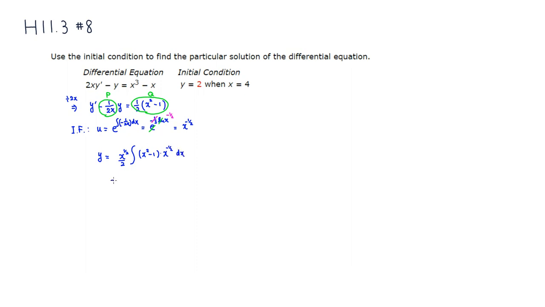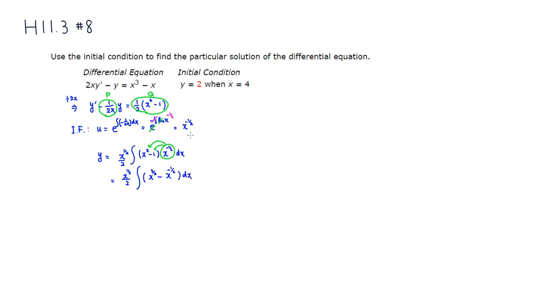Let's clean this up. You have x to the 1/2 power over 2. Then I'm going to distribute to each term, and we get x squared times x to the negative 1/2, which is x to the 3/2 power, minus x to the negative 1/2 power.